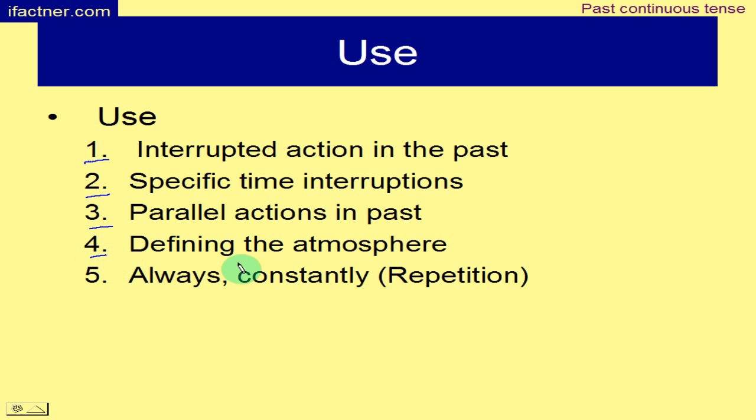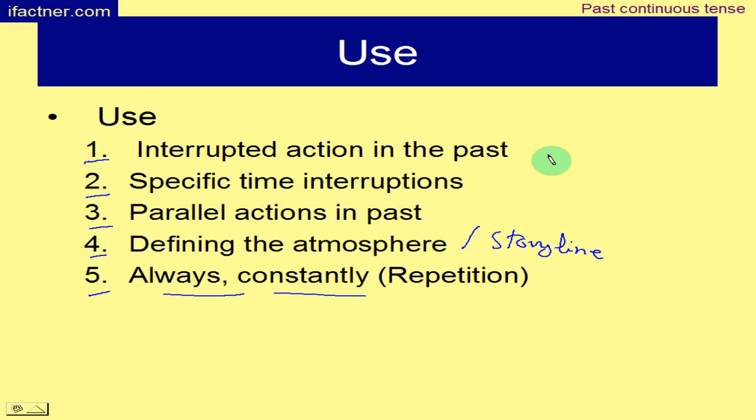Fourth is defining the atmosphere or storyline. And fifth is when we use the words always or constantly to tell about the annoying habit.